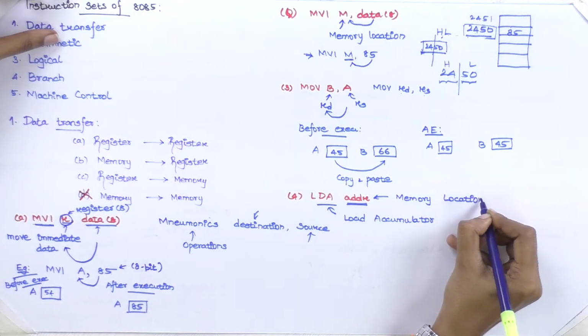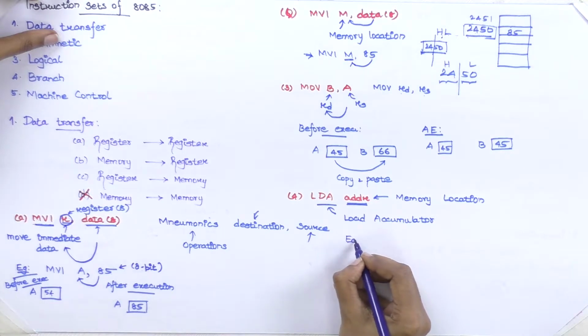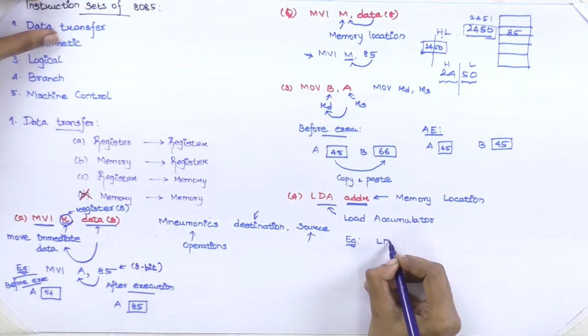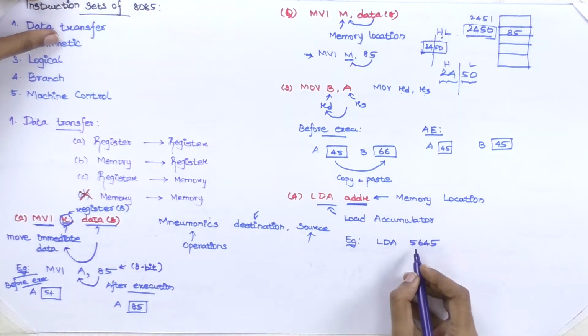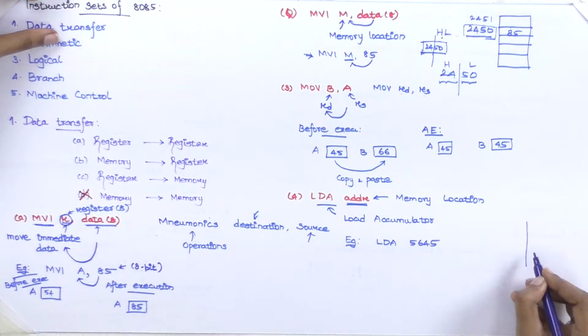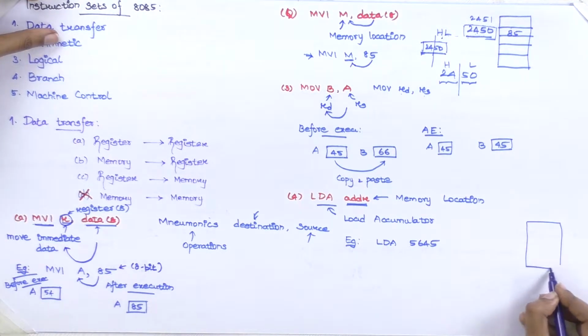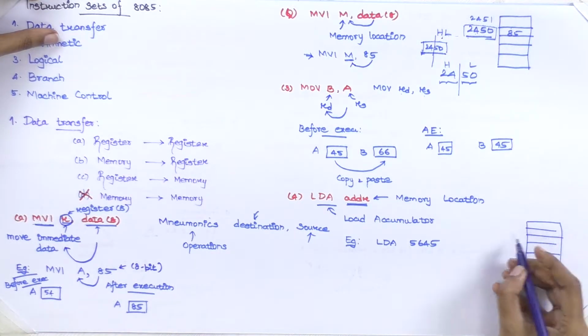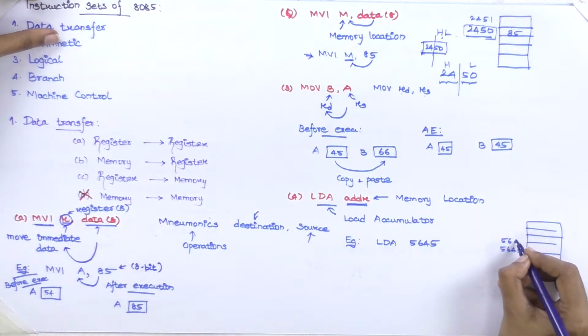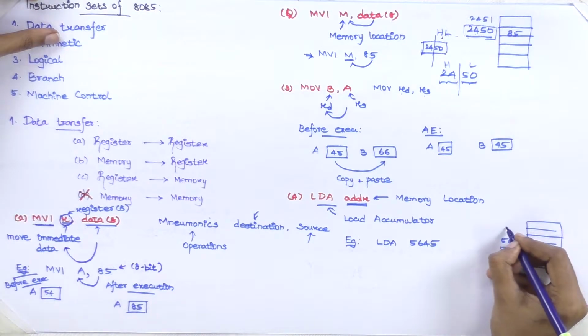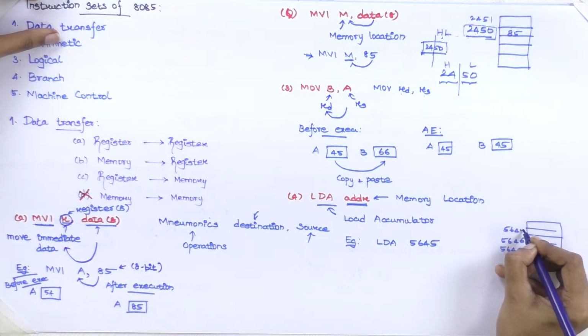So I will explain it with an example. For example, LDA 5645. So this is a memory location. This would be your stack memory. Consider 5645, this has 5646, this has 5647.